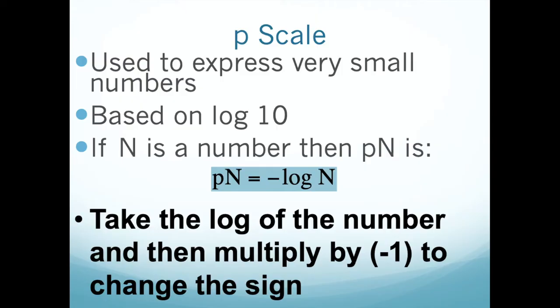It's one of those two. If you get stuck, just let me know and I'll help you. Basically, you take the log base 10 of your number, and then you multiply by -1, or flip the sign, and that gives you the p version of that number.